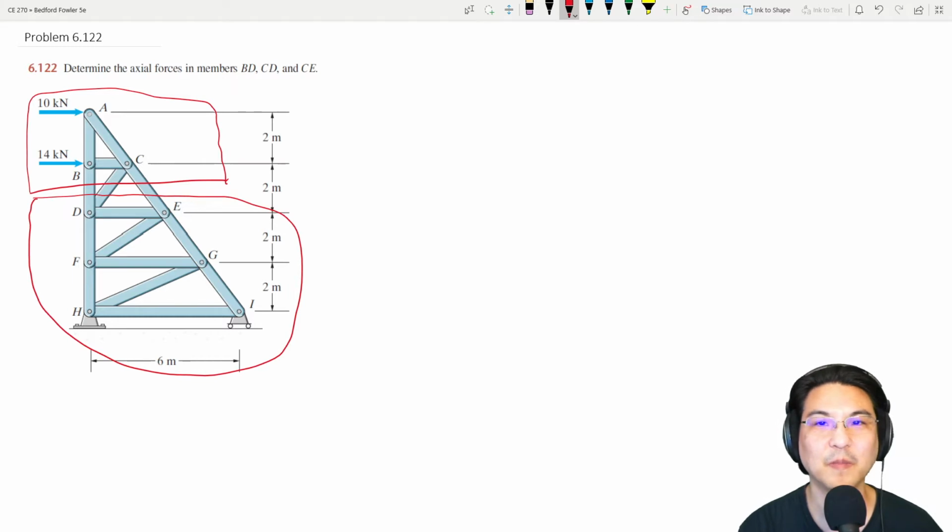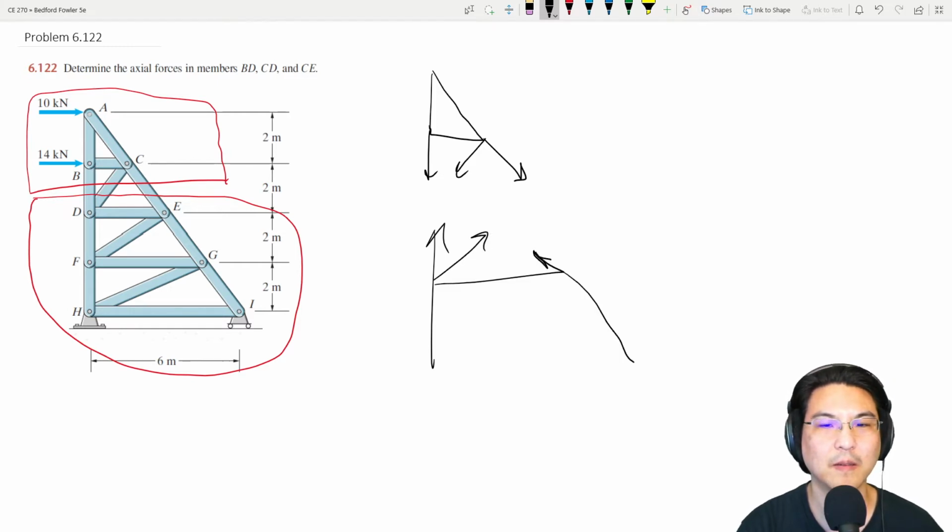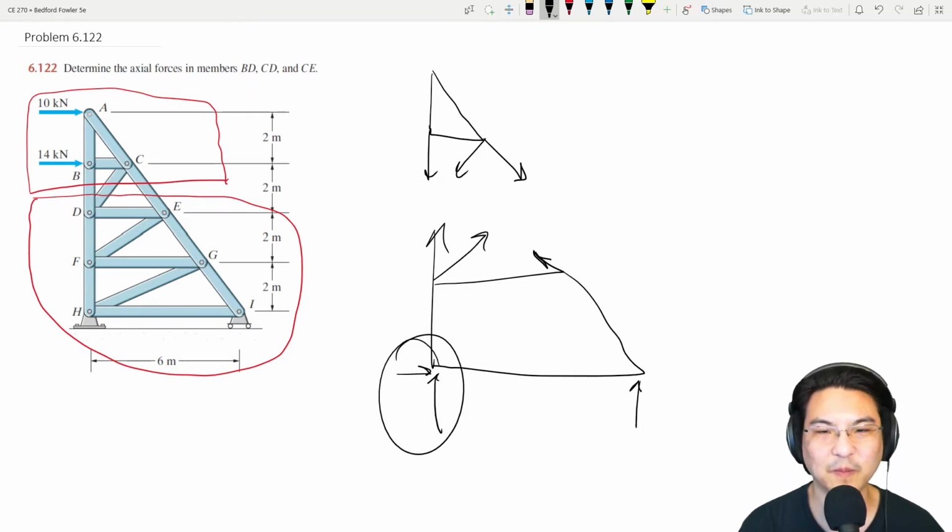Totally up to you. But just note that when you draw the free body diagram of this section up here, it'll look something like this, right? But then this section here will look more like this. And then there are these supports, the pin over here and the roller over here.